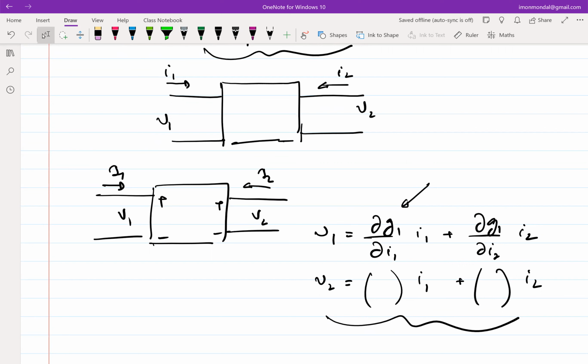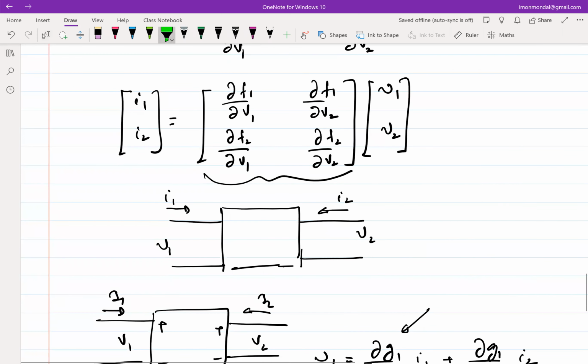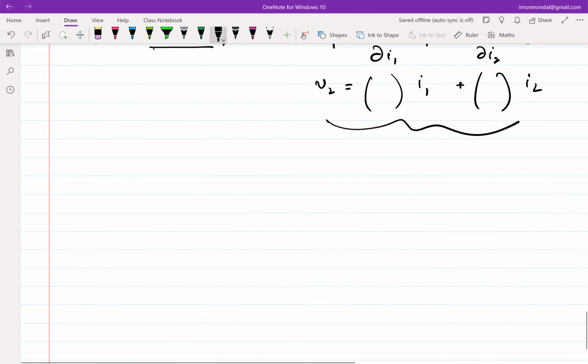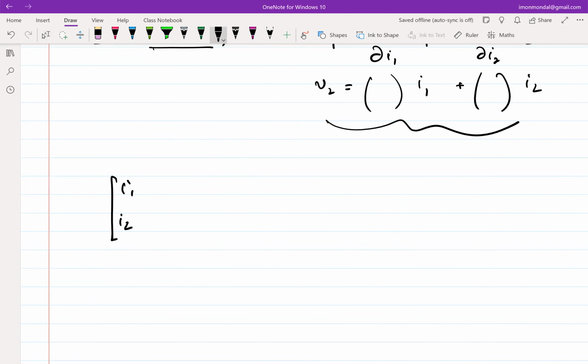It need not be incremental per se. The matrix that governs the relationship between I and V is called a Y parameter matrix. So these are incremental Y parameters, right? Let's write it again: I1, I2.